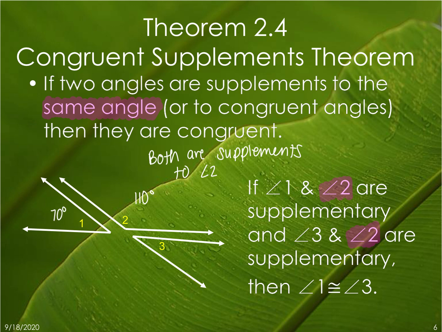And then angle 2 and angle 3 are also sharing it. This is also going to be 70 degrees. So angle 2 is not going to change its measure. Angle 1 and angle 3 are then going to be congruent. Okay, do we all understand what the congruent supplement theorem is? You're given two angles that are being shared, which means the other two angles are going to be congruent.